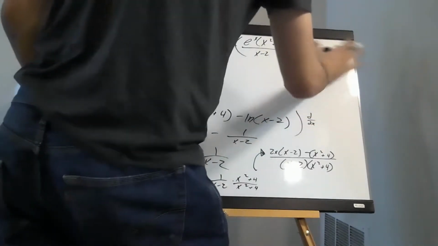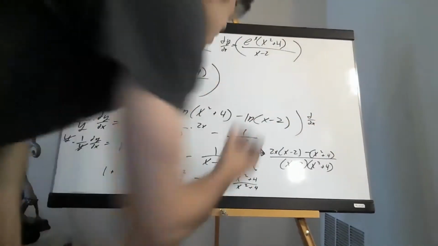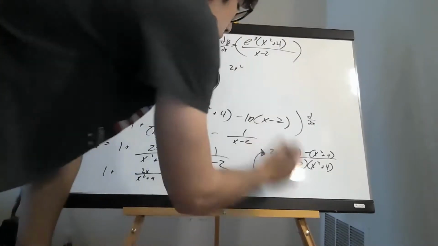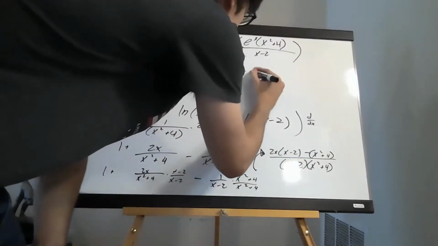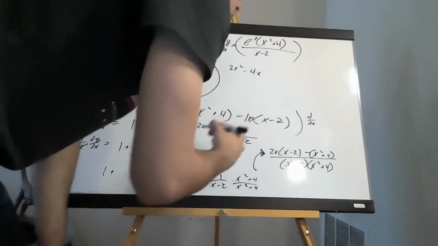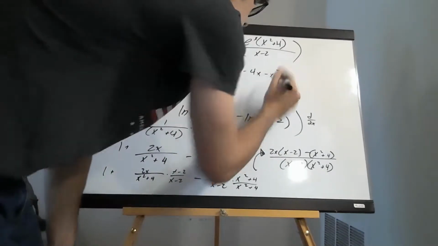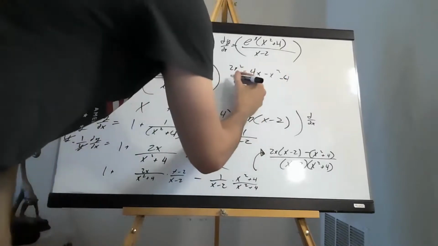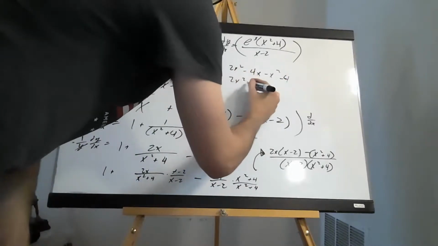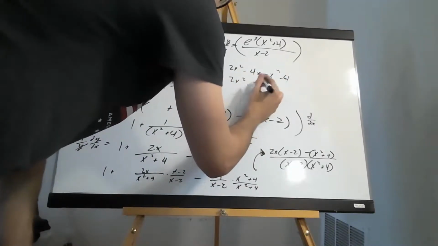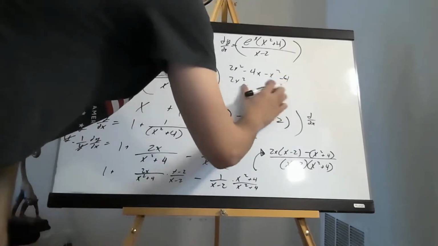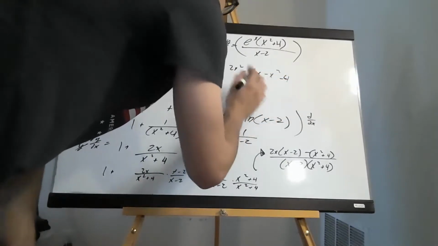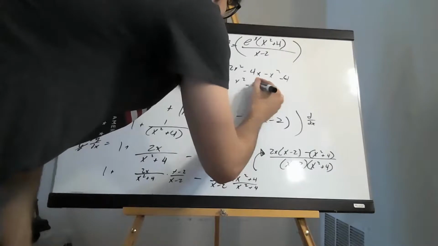Actually, you know what? I lied. I can't do it. I have to simplify it. 2x squared minus 4x minus x squared minus 4. 2x squared minus, just kidding. X squared minus 4x.